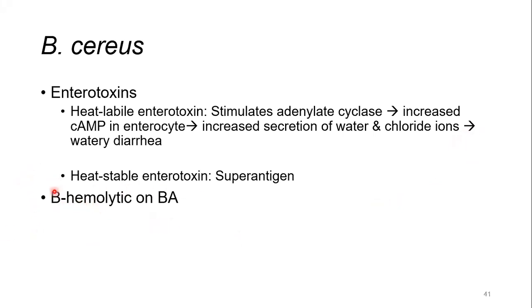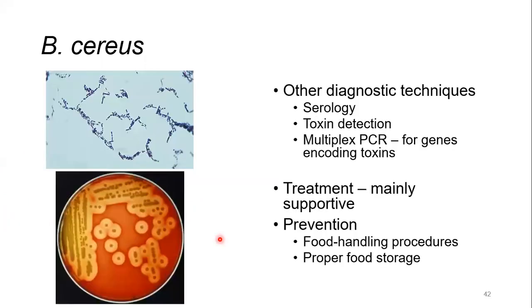And the organism has been found to be beta hemolytic on blood agar. I'll not go so much into its diagnosis, but one of them is the beta hemolysis, which is clearing of the area around the colonies.